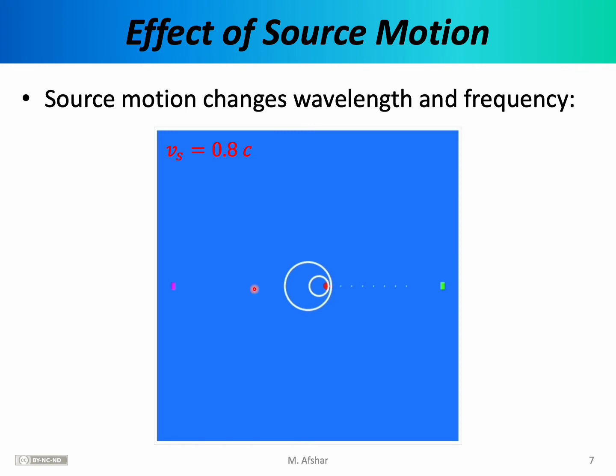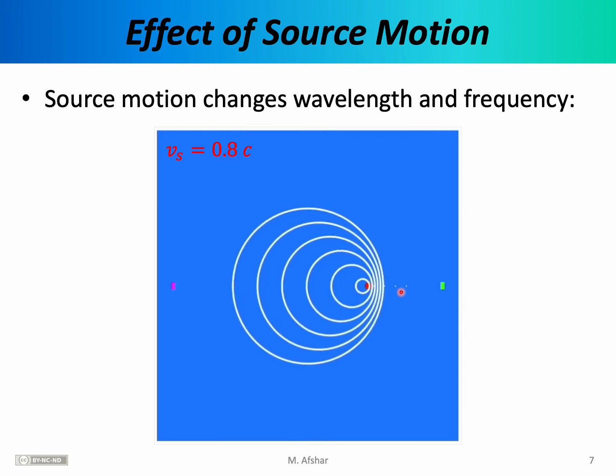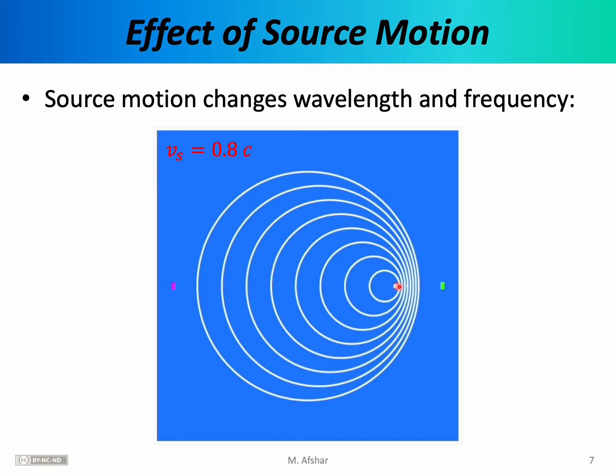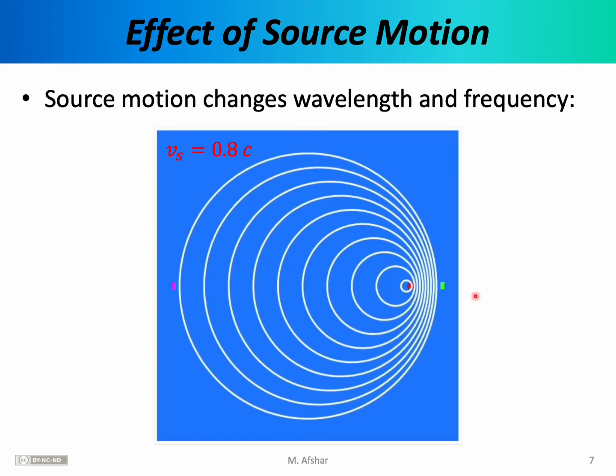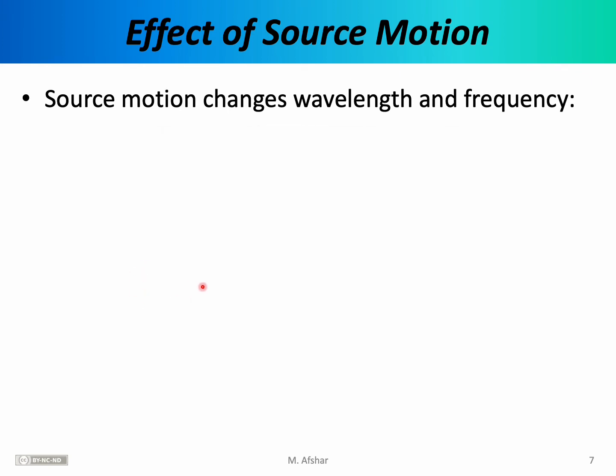Now the source is moving relatively fast. Now the source is moving at 80% the speed of sound, and you can really see this phenomenon. You can see that on the right side, the wavelengths are extremely short. If you ask the detector on the right, the person standing on the right, to measure the wavelengths, he would measure a very small number. On the other hand, if you ask the person on the left to measure the wavelength, he would measure a large number.